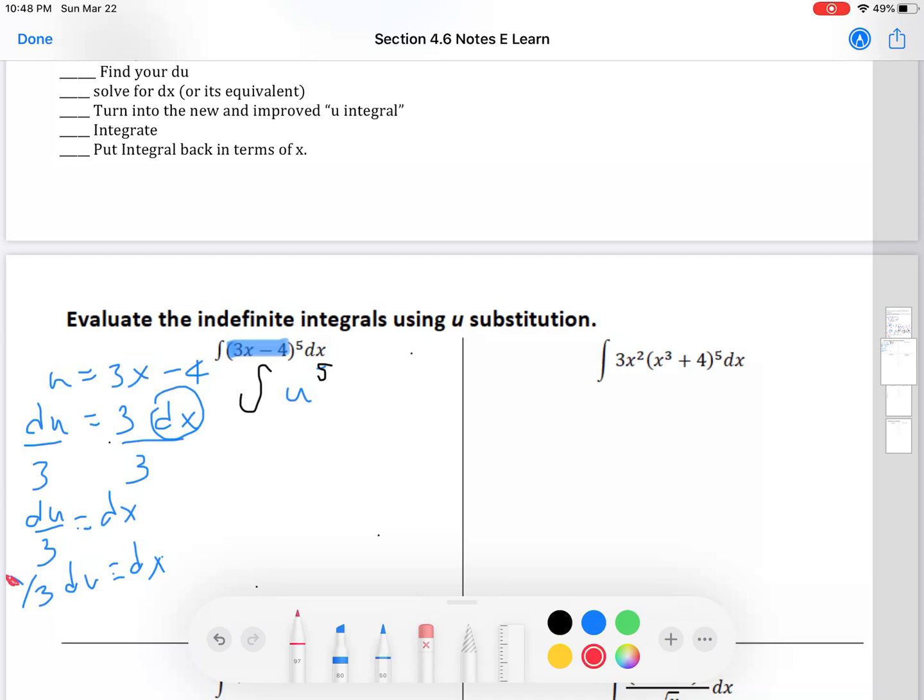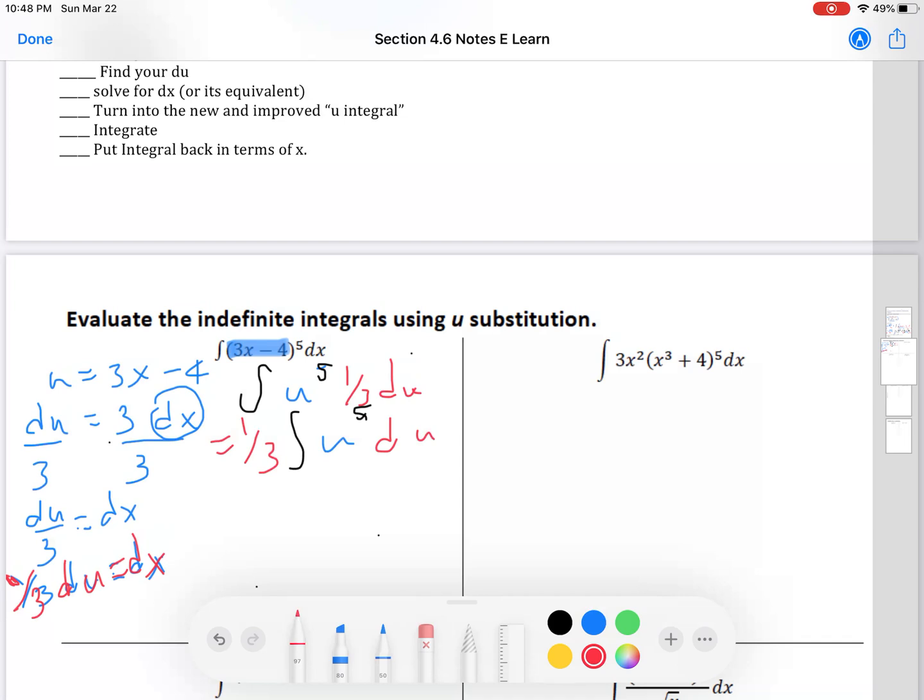And just to show you directly where this is coming from, I'm going to go through this in red. So this is the 1/3 du. And to clean this up a little bit, I'm going to put this 1/3 outside. And I have the integral of u to the 5th du.